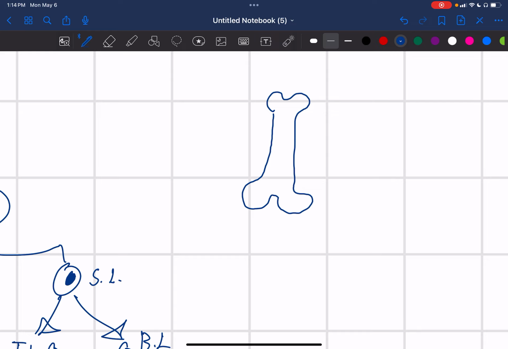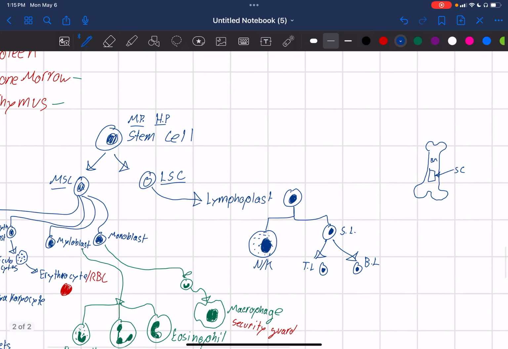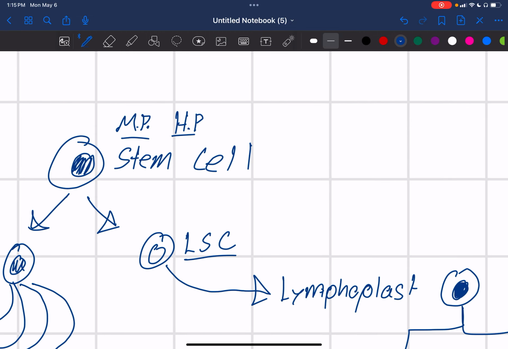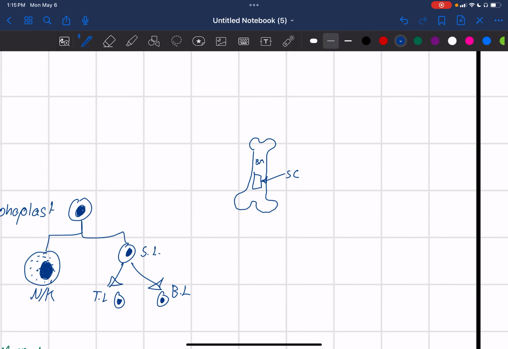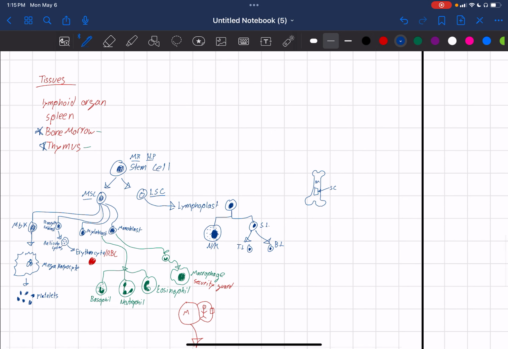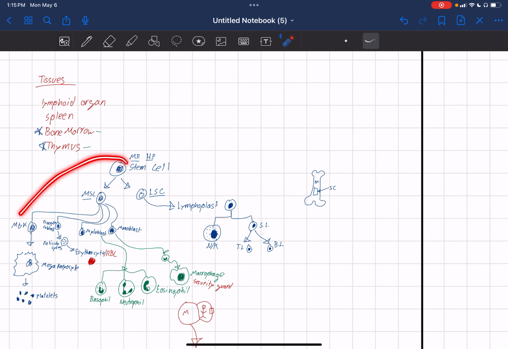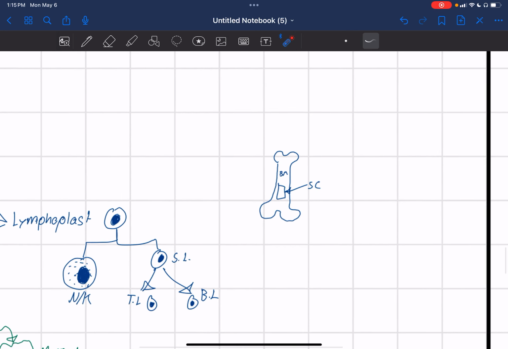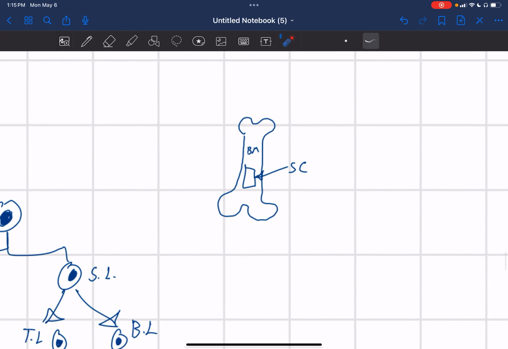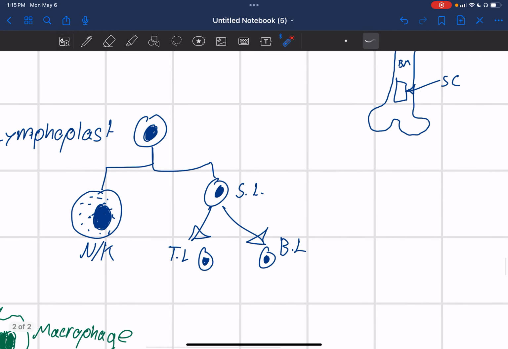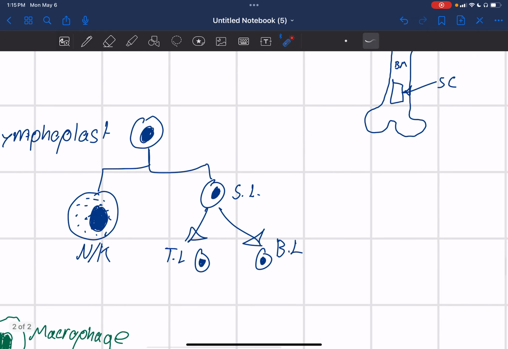That's as good as I can get. So the bone marrow has stem cells within it, and these stem cells are the hematopoietic stem cells. So the hematopoietic stem cells then produce these specialized cells that we can see here, all of these cells, right? And then the lymphoblast gets sent over and they then turn into the T lymphocytes or B lymphocytes.